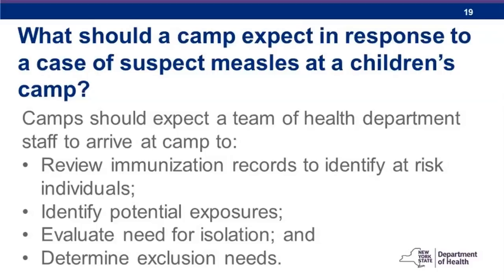Are they official records, or are they something that was unofficial and submitted by a parent? Individuals without official documentation will likely be considered at risk for the disease. The team will look at who was exposed at camp and what outside groups were exposed. Contact information will be requested for everyone for follow-up.